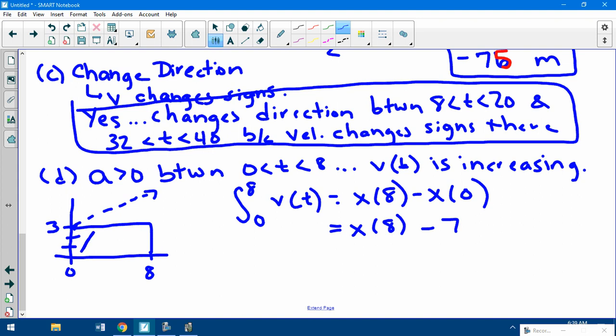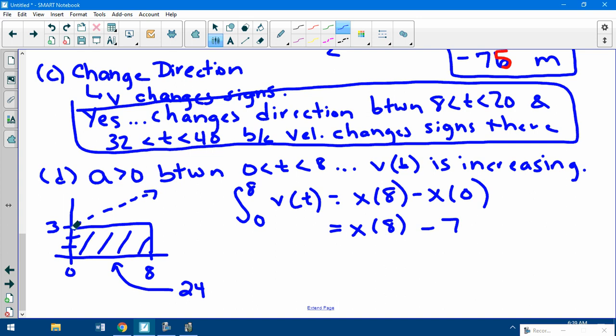If I use kind of like a left Riemann sum here, what's the area of that square or rectangle I just drew? 3 times 8 is 24. So even if I just use a left Riemann sum, I know that the actual velocity is going to be bigger than that.